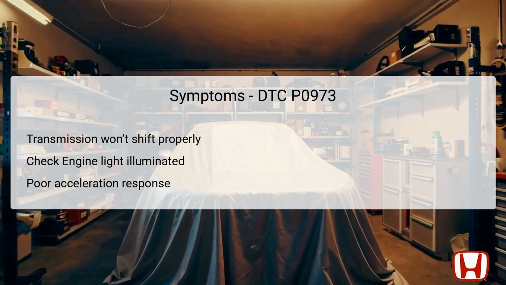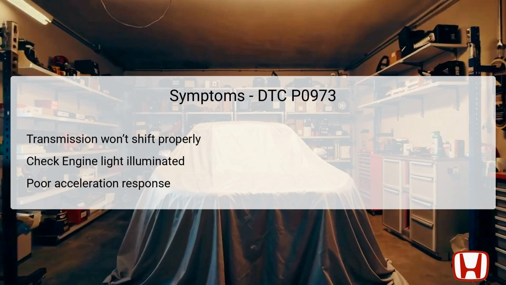Symptomatically, DTC P0973 manifests primarily through transmission issues, particularly the vehicle's inability to shift into either second or fifth gear. This can lead to noticeable delays in acceleration and poor vehicle responsiveness during driving.